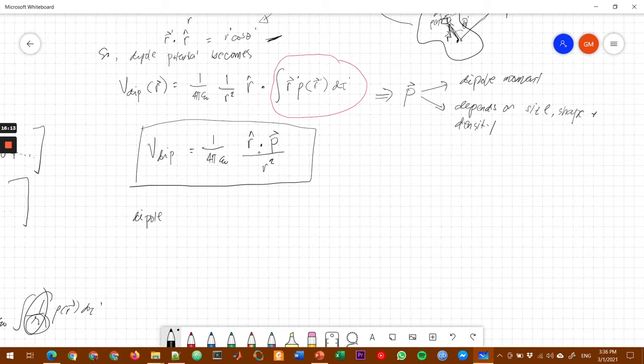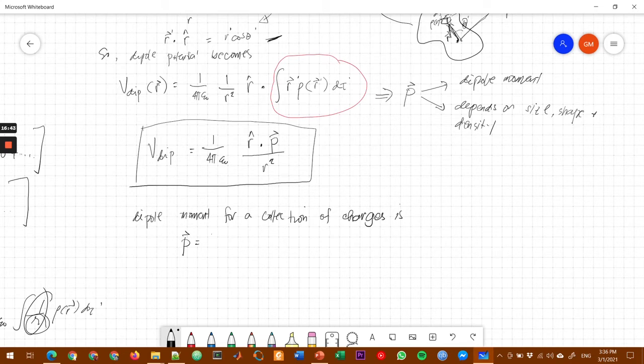So the dipole moment for a collection of charges is, using the same formula, instead of an integral, that would be a summation, right?